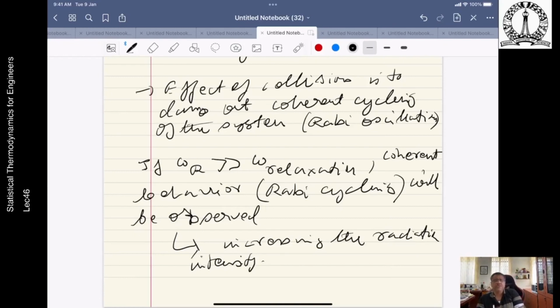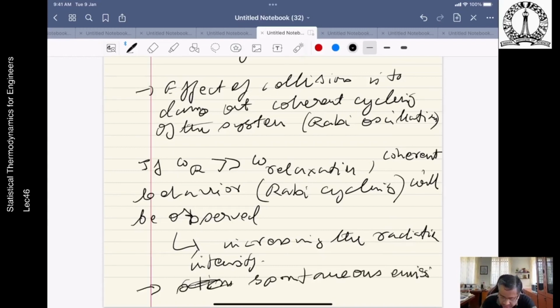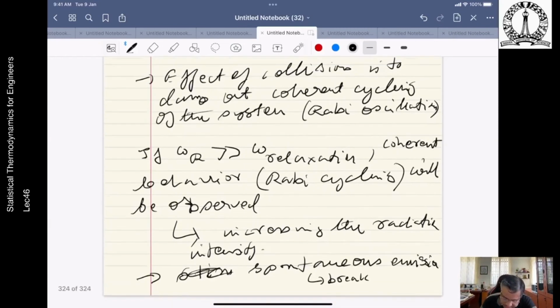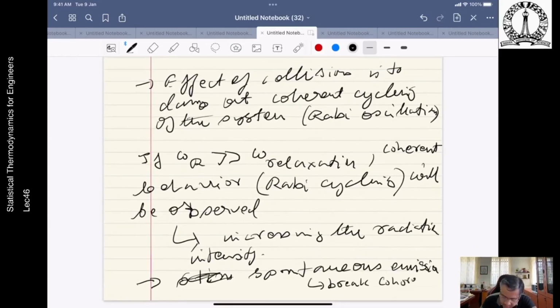So we can see how collision processes and even spontaneous emission can break this coherent cycle of the system.